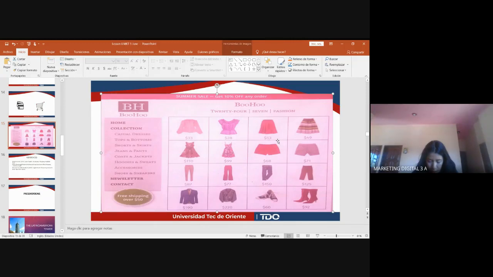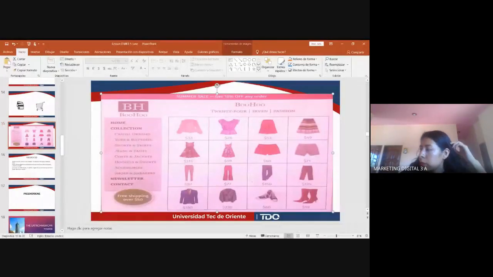We have, let me check if we have another. No, I don't have more. The boots are more expensive than the tennis, yes.